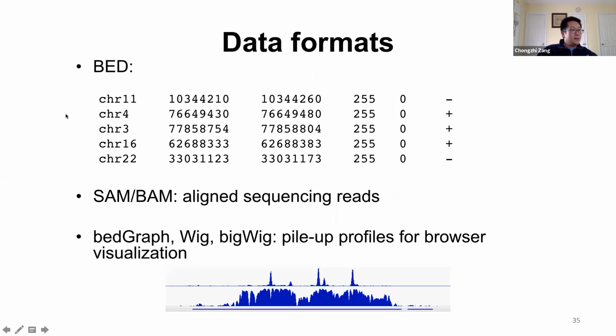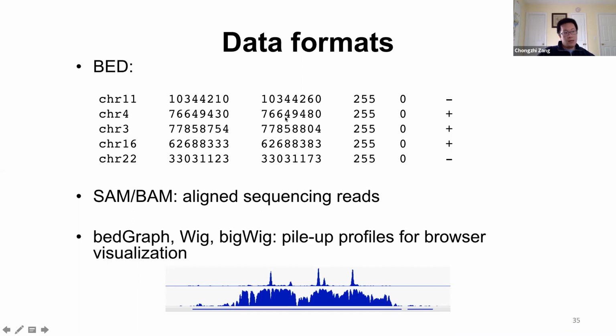Another most commonly used data format is BED, usually used after sequence alignment, after aligning the sequence back to the genome. It's very straightforward to read and interpret.